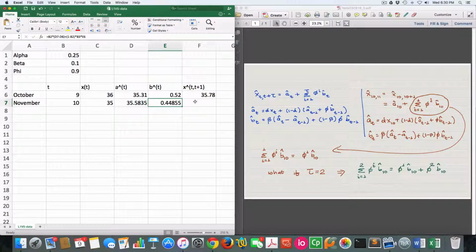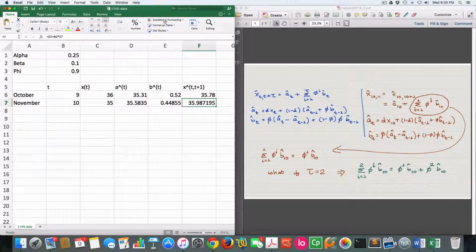Okay, now we are ready to calculate x hat 10, 11, that is given by A10 plus, so this part really breaks down to phi to the power 1 times B10. B10 is this.